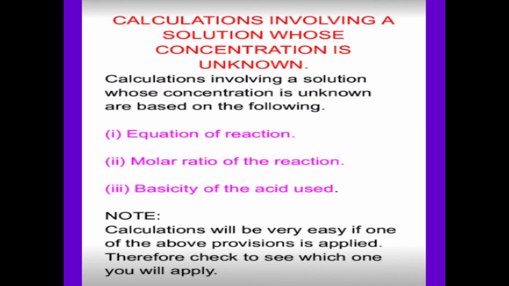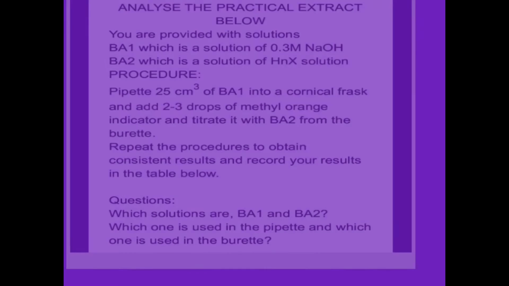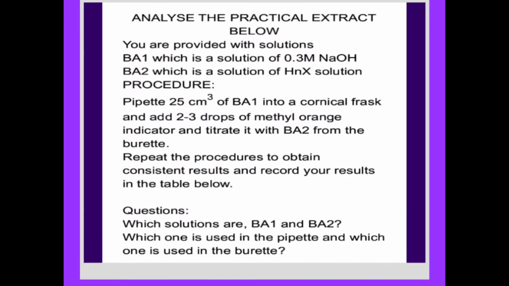Now we want to look at calculations involving a solution whose concentration is unknown. For example, if you look at our practical extract or statement here, they are telling us what Ba1 is and what Ba2 is.